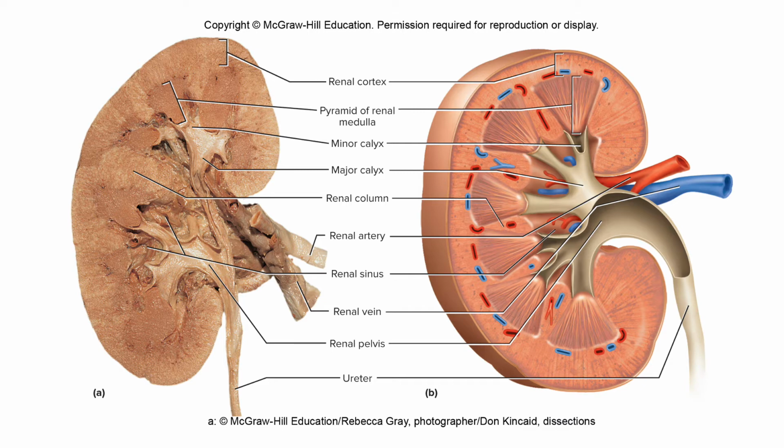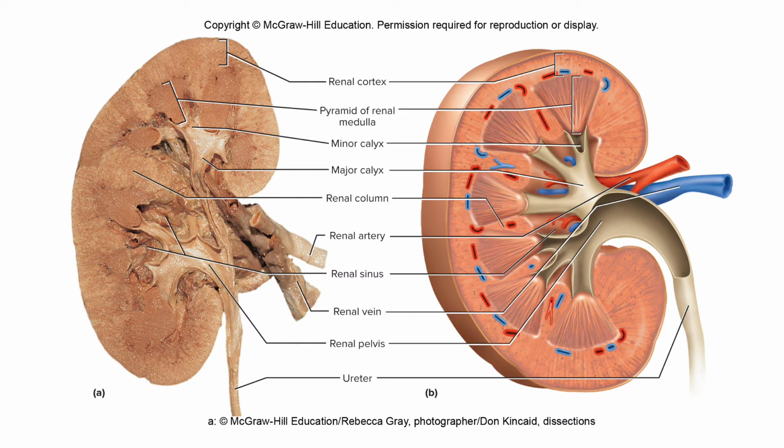Calyx is just a connective tissue membrane that surrounds and encapsulates and separates this newly formed urine from the rest of the abdomen. The minor calyx is continuous with the major calyx, which is continuous with the renal pelvis, and then continuous with the ureter that channels the urine into the urinary bladder.